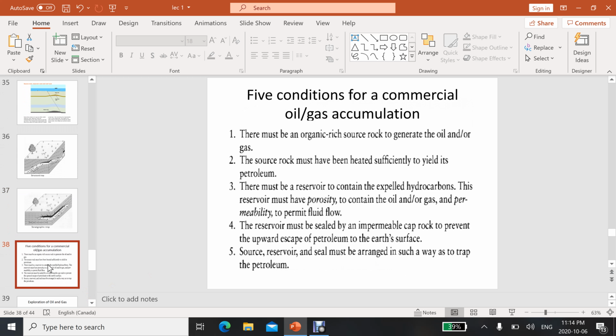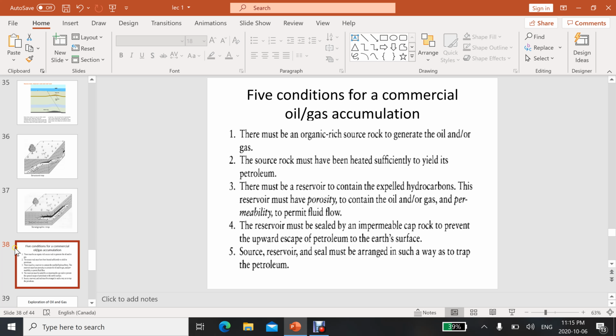Okay, up to this point, we have learned that there are five conditions for a commercial oil or gas accumulation. What are those? First, there must be an organic-rich source rock to generate the oil or gas.